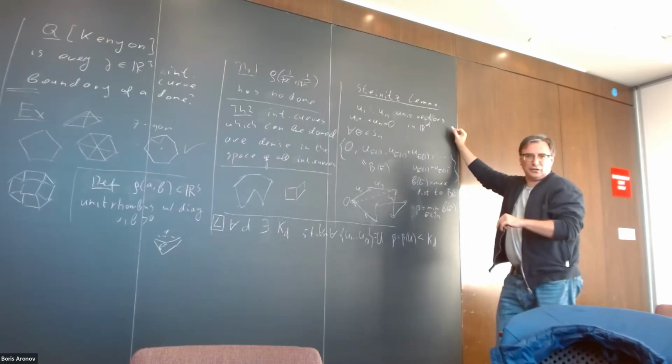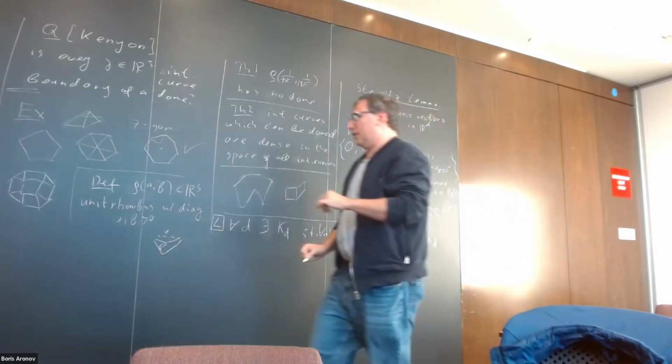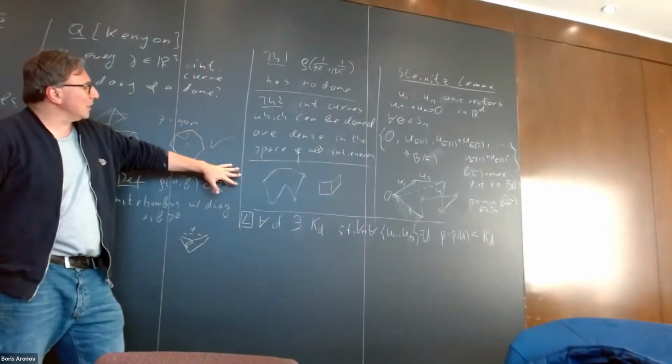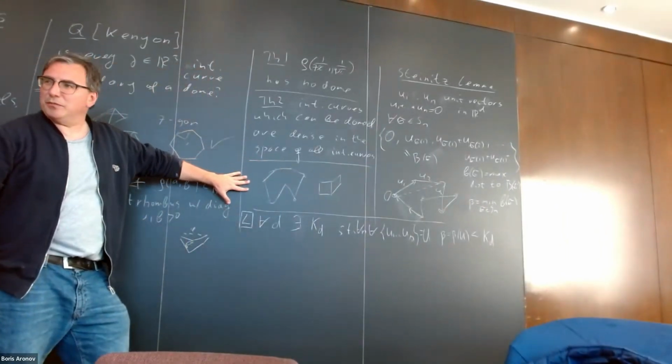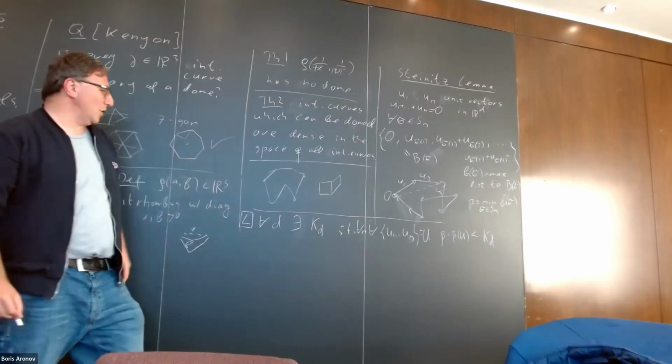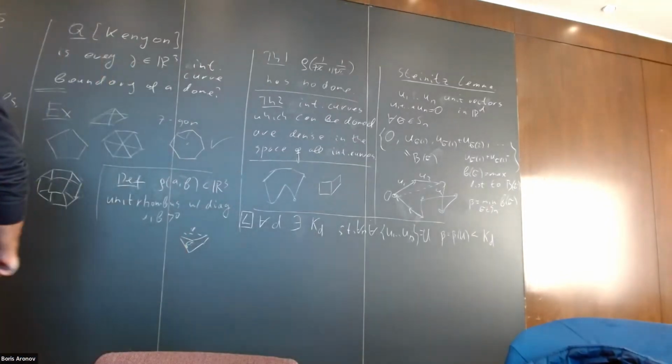That's a standard result, easy to prove in high school. And Steinitz wanted to do that kind of thing, and this was his way of generalizing that. Any of you seen this before? Okay, well, good.